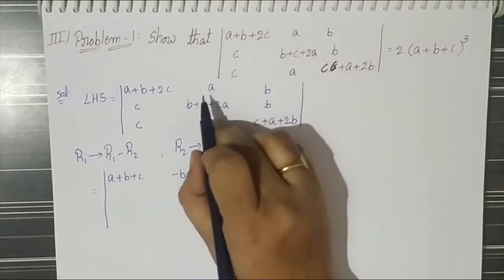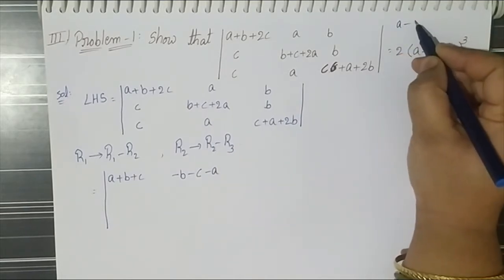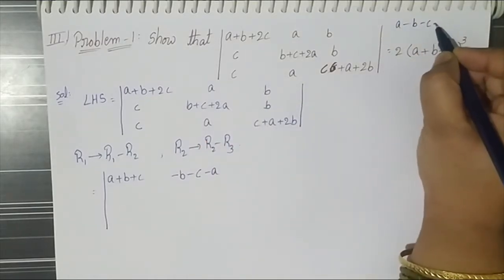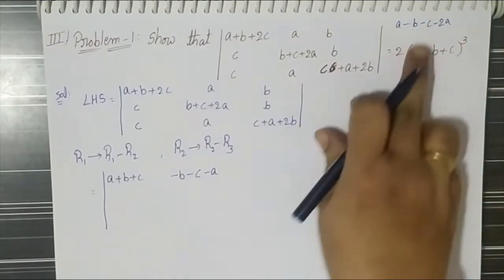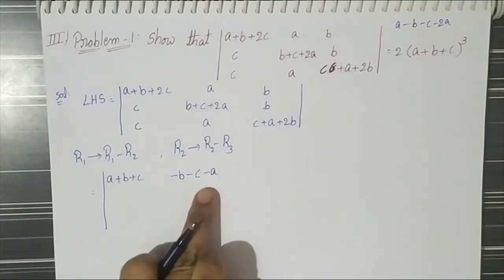For our convenience, a minus this value means minus b minus c minus 2a, and the result is minus b minus c minus 2a plus a, which is minus a.